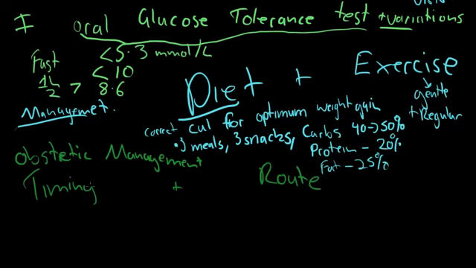With timing, ideally you want to deliver at term. That's generally the best. That will reduce problems like fetal hypoxia due to poor lungs. So delivering at term is generally your goal.